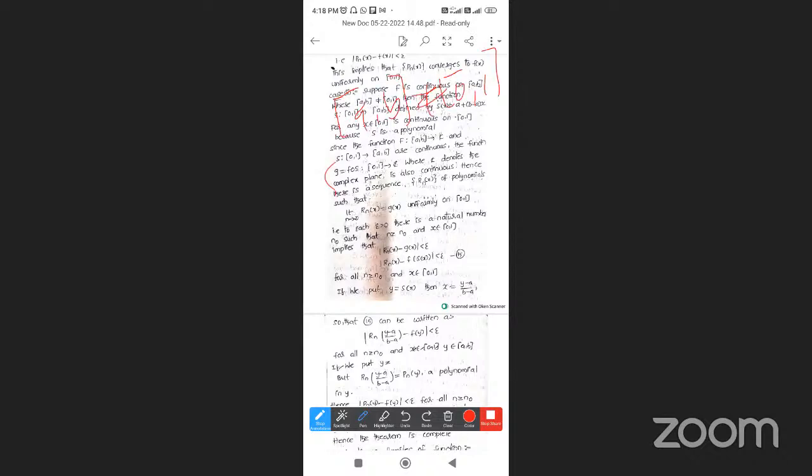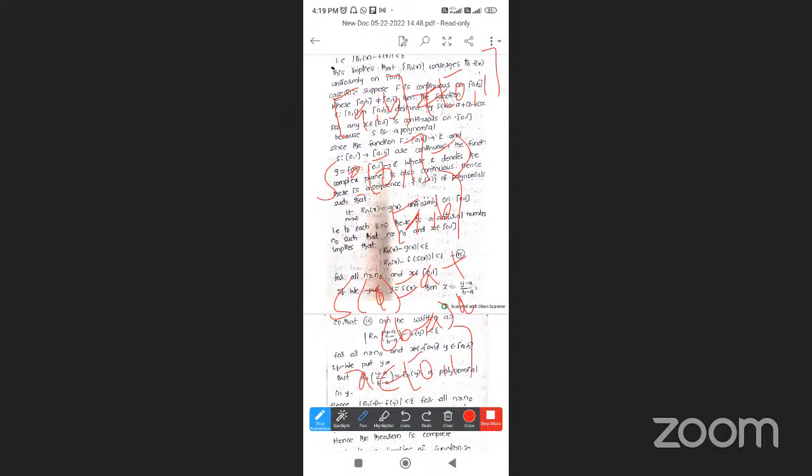Then the function s is a mapping from [0, 1] to the closed interval [a, b] defined by s of x is equal to a plus (b minus a) times x, where x belongs to the closed interval [0, 1]. It is continuous on [0, 1] because s is a polynomial.